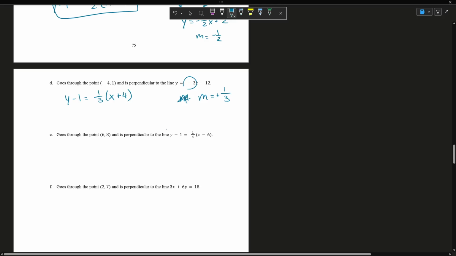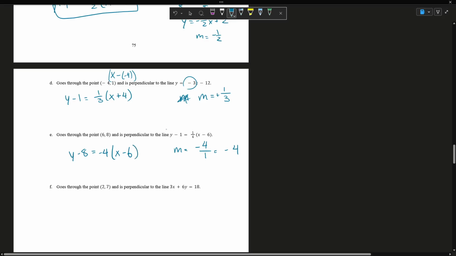What I'm doing now is I'm kind of skipping steps, which I said not to. But instead of doing x minus -4, I'm doing this in my head to immediately make it into +4. So related to this, I have 1/4, so it must be -4/1, or -4. That's my M. So y minus 8 equals -4 times x minus 6.